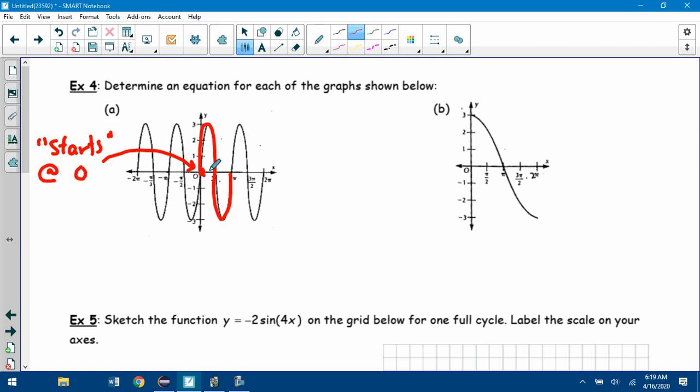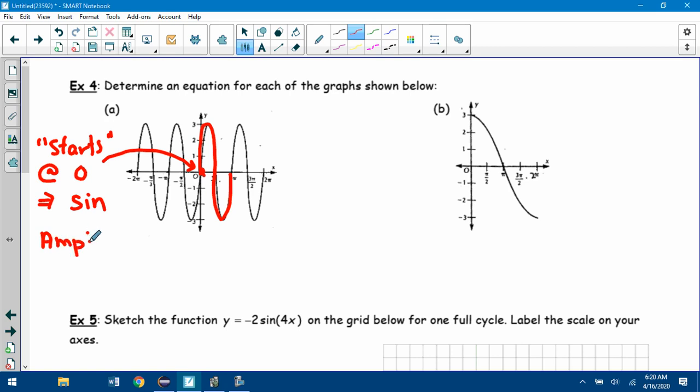So if a cycle starts in the middle, so starts at 0 or starts at the midline, is that sine or cosine? It's sine. And furthermore, is it positive sine or negative sine? It's positive sine because the beginning of the cycle goes up first.